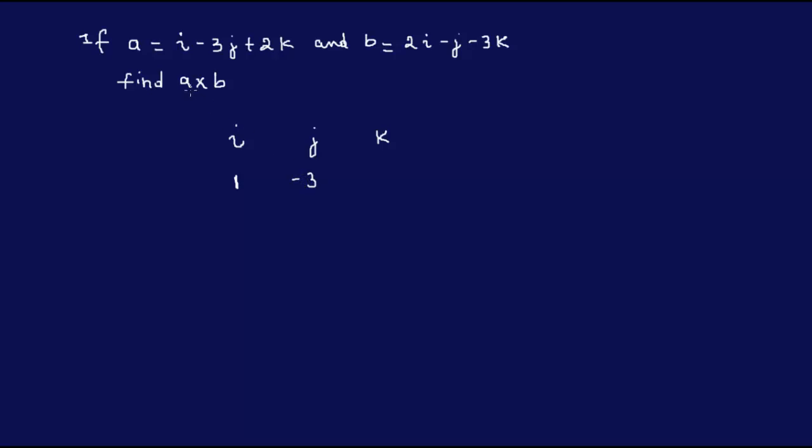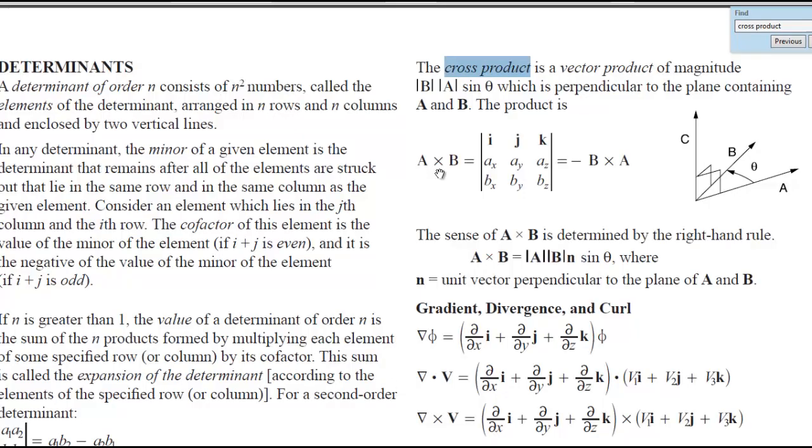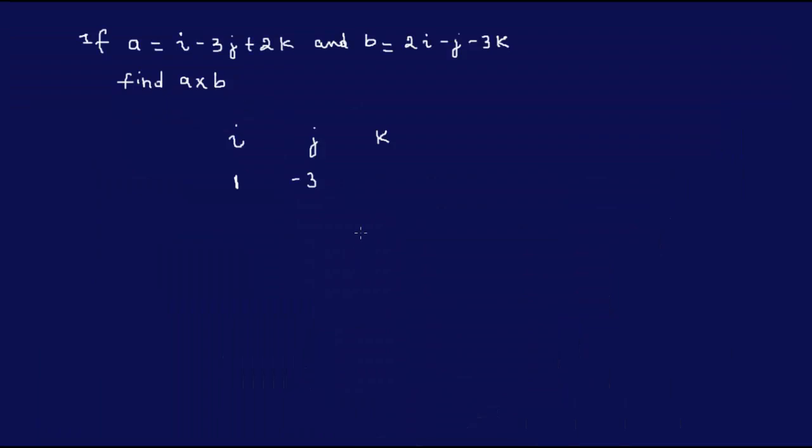Now they say A cross product B, so you start with A. If the question was B cross product A, then you would have to start with B, because as you can see here in the handbook, A cross product B is not necessarily equal to B cross product A. There's just a minus sign in there somewhere. So I have 2, and for my B I have 2, minus 1 and minus 3.